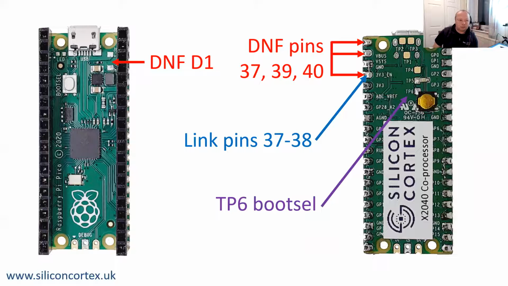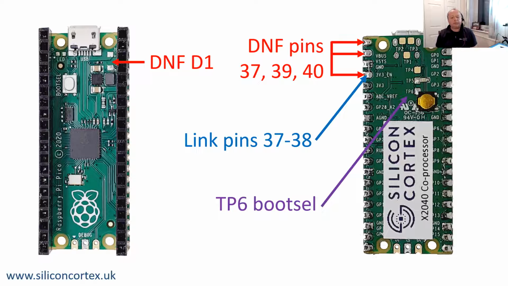And there's also a small bridge, as you can see, linking 37 and 38. Now, what that's all doing is disconnecting the 3v3 rail power supply on one board, so it can then take its power from the other one.